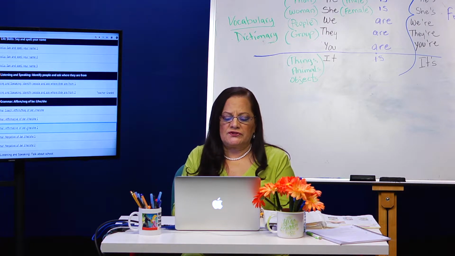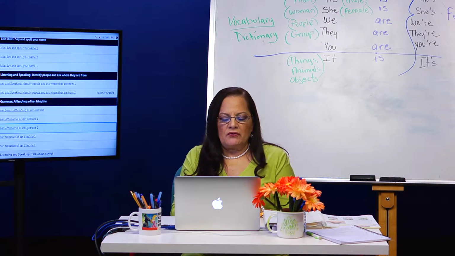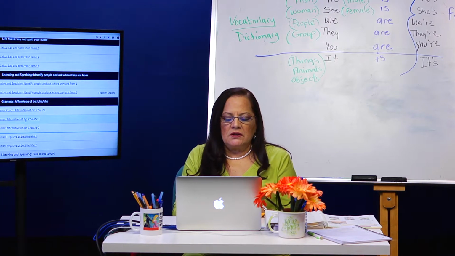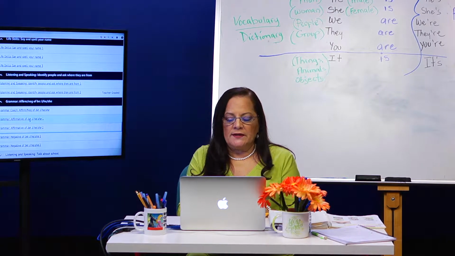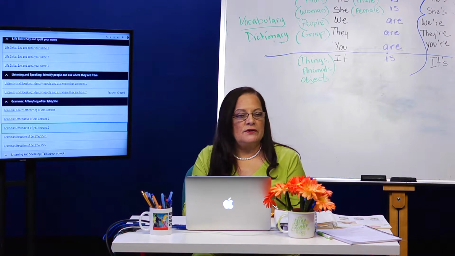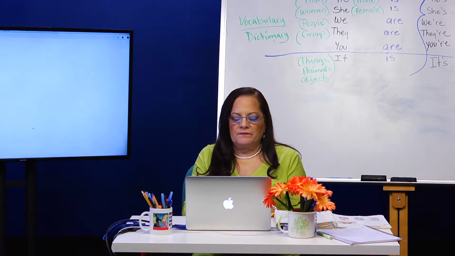So if you go to the section of grammar, we did already the grammar coach. We finished in our last session grammar 1. Now we're ready to work on grammar 2, the affirmative of I, he, and she.